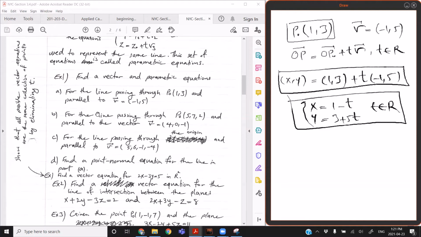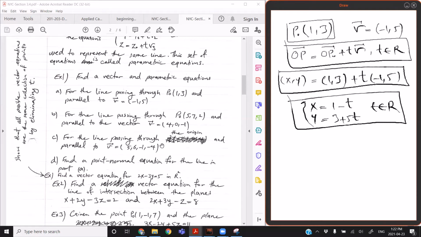Part B. Find a vector and parametric equations for the line that passes through this point and is parallel to this vector here. It's the exact same formula. It doesn't matter whether you're dealing with a line in R3, R4 or R2. You're going to use the same formula.